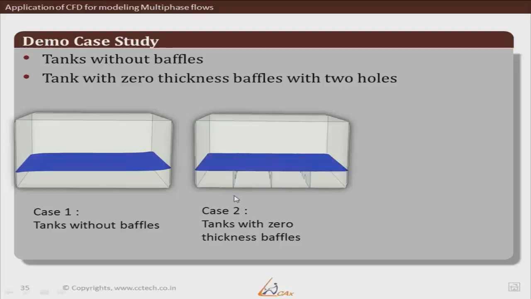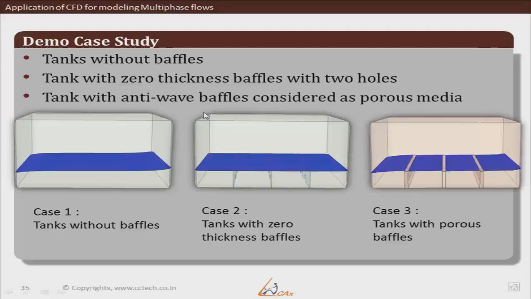So the modeling assumption is that we are not considering any thickness of the baffles. And in the third case, we are considering baffles having thickness, and the baffles are also perforated. In order to consider the effect of area of holes, we have used the porous media model, which is a specialized treatment within CFD to model perforated plates or perforated baffles. Baffles are used to damp these oscillations, or sloshing, to provide structural stability, so that the fluid volume remains as stable as possible.